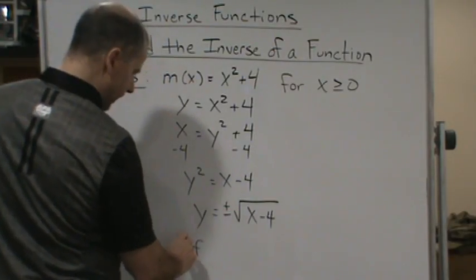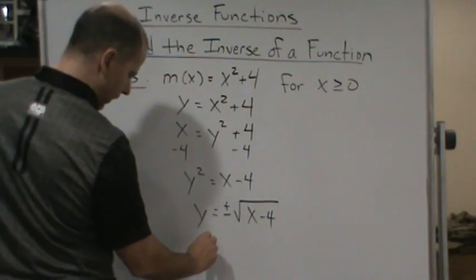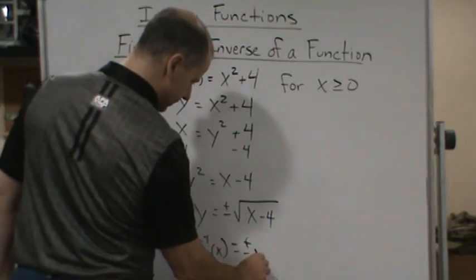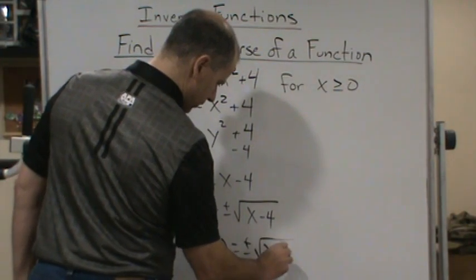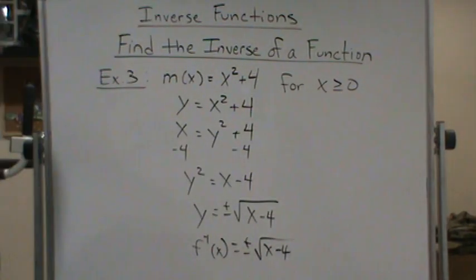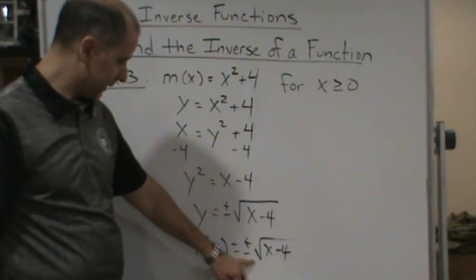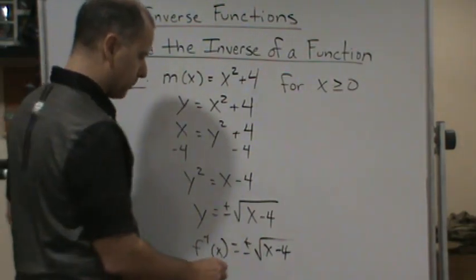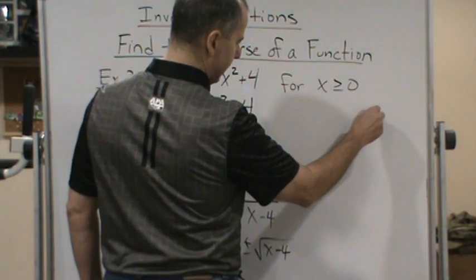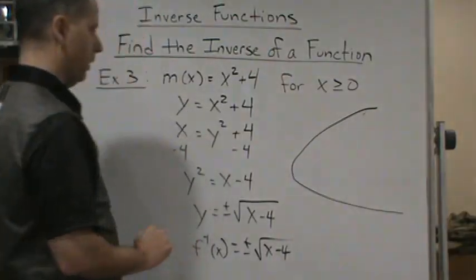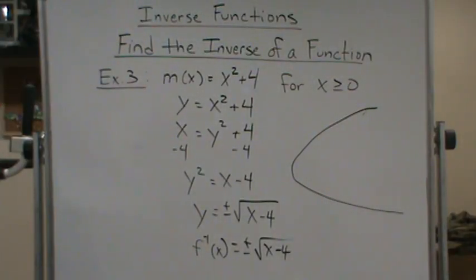So once we get here, we go f inverse of x is equal to plus or minus the square root of x minus 4. Now here's the thing. The inverse function here is plus or minus the square root of x minus 4. So this is going to look like this, right? It's a sideways parabola.